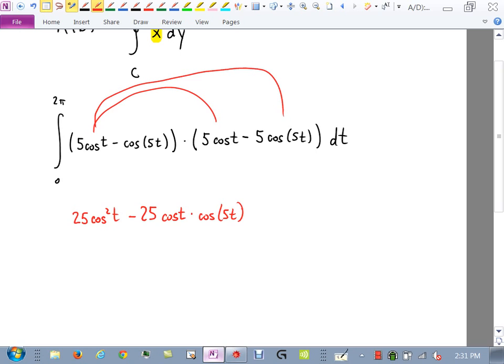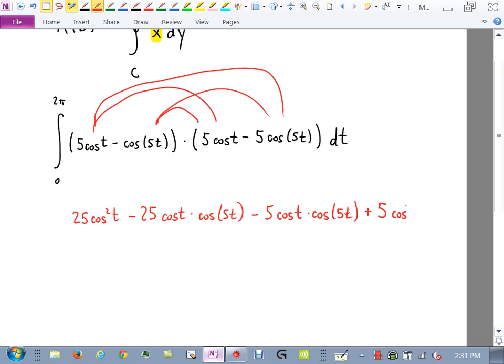And then the inner ones, that's going to give us what? Negative 5. Isn't it again cosine t cosine 5t? And then the last ones here, negative negative is positive 5, what?